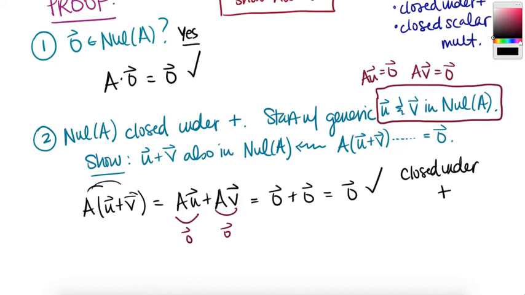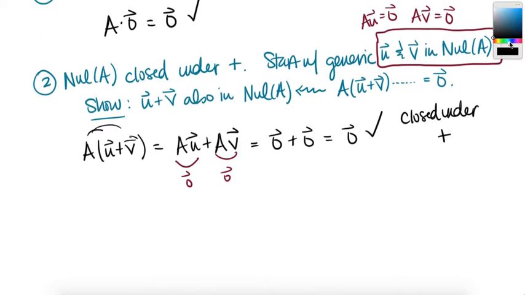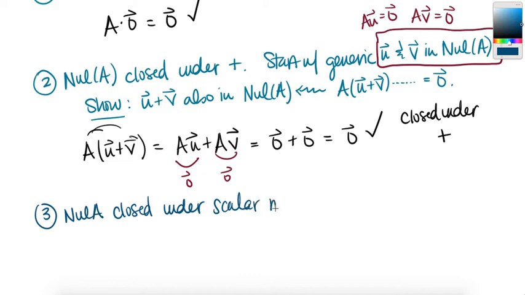All right. Now, what we want to do is we need to show that the null space of A is closed under scalar multiplication. So just like last time, we need to start with generic stuff here.